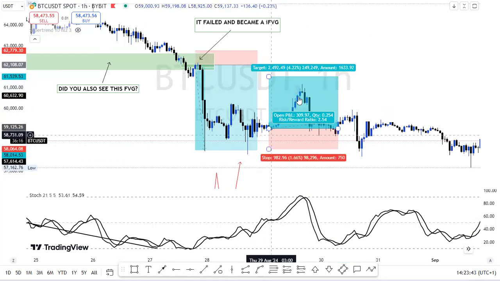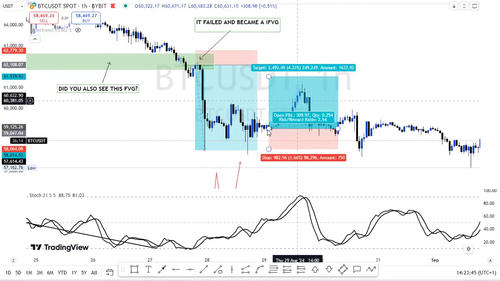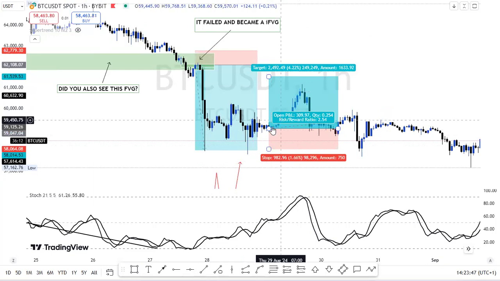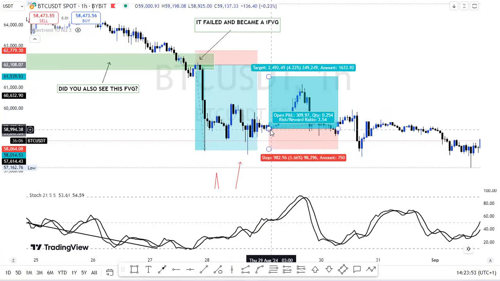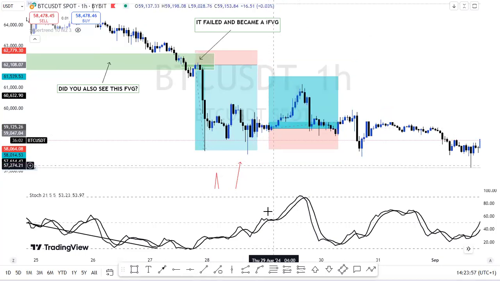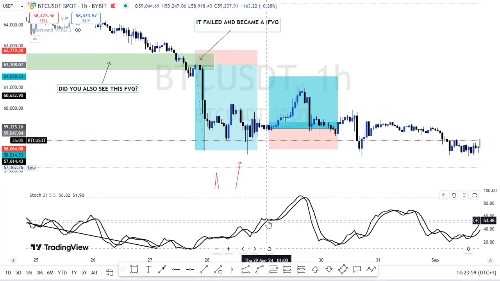And indeed, price started going up gradually. But one thing I want you to see here is that at that point of entry, the momentum was already very high compared to what price was doing. Let me put a vertical line.